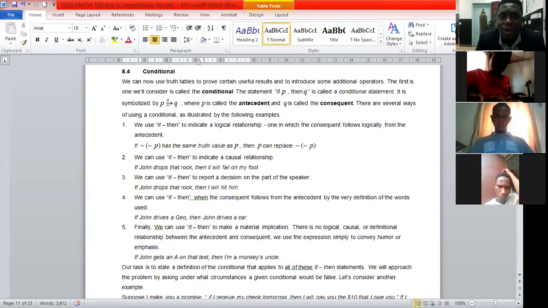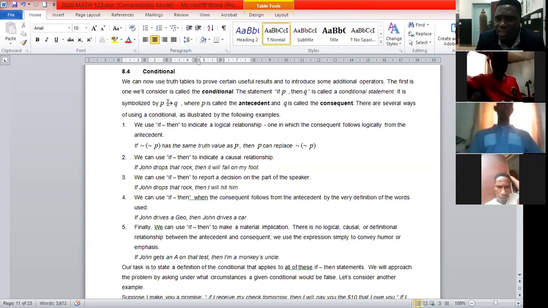Okay, there are several ways of using a conditional as illustrated by the following examples. We use if-then to indicate a logical relationship, one in which the consequence follows logically from the antecedent.